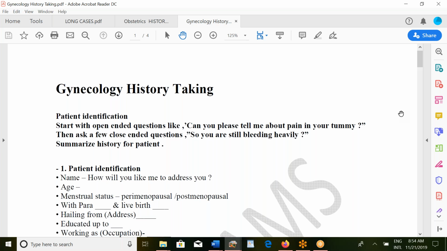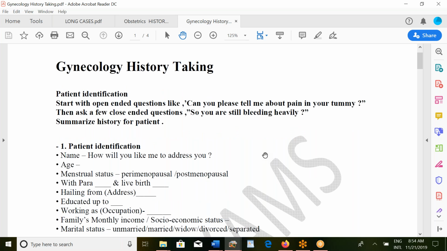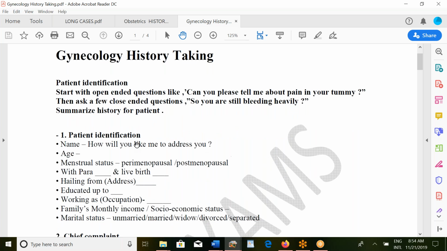Identification is very important. You should start like this is a gynae case. Take the name: how would you like me to address you? What is your date of birth? Then is she perimenopausal, postmenopausal, para, living, and how many live births?